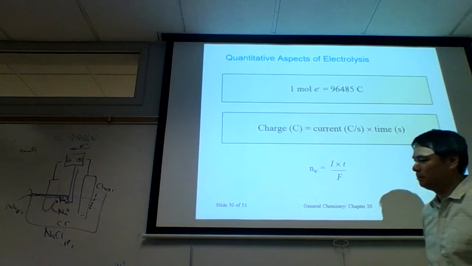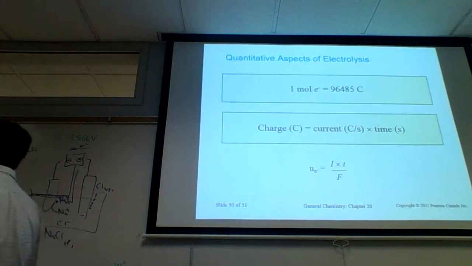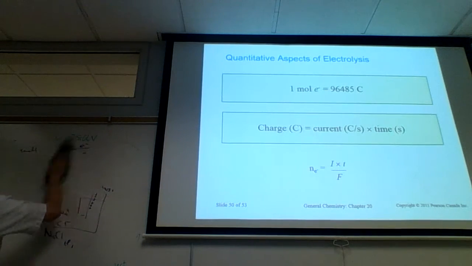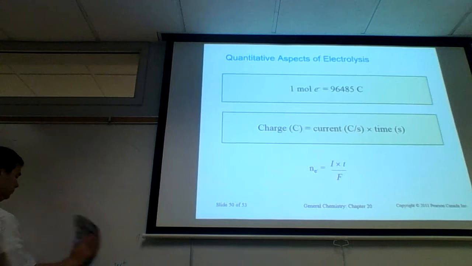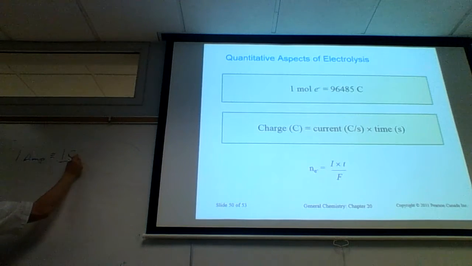These are the two equations I would remember. One amp is defined as 1 coulomb of charge per second. And then we know Faraday's constant.